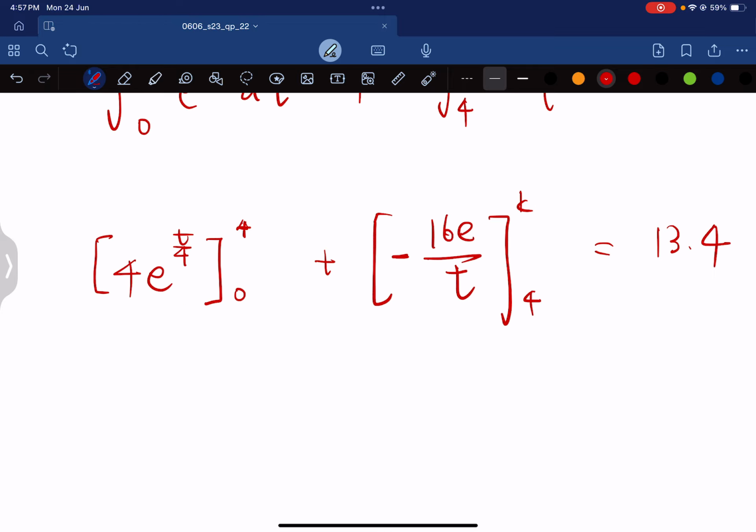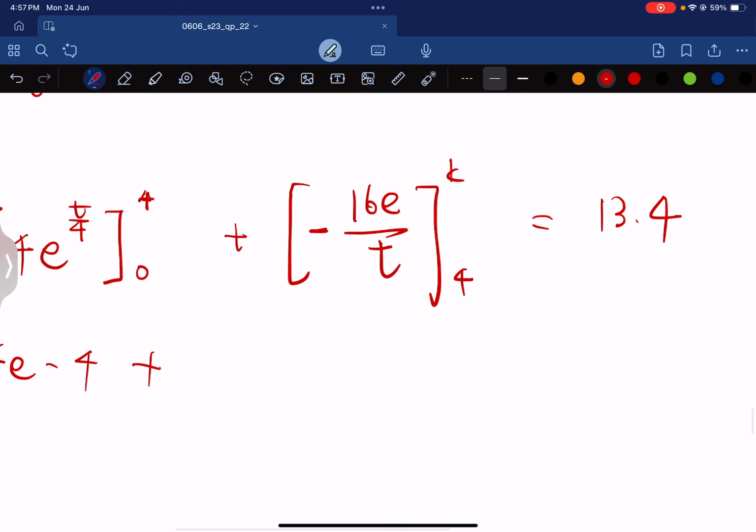Substitute 4 inside: 4 over 4 is 1. It's 4e minus, substitute 0 inside, minus 4, plus negative 16e over k, minus negative, so it's plus 16e over 4.